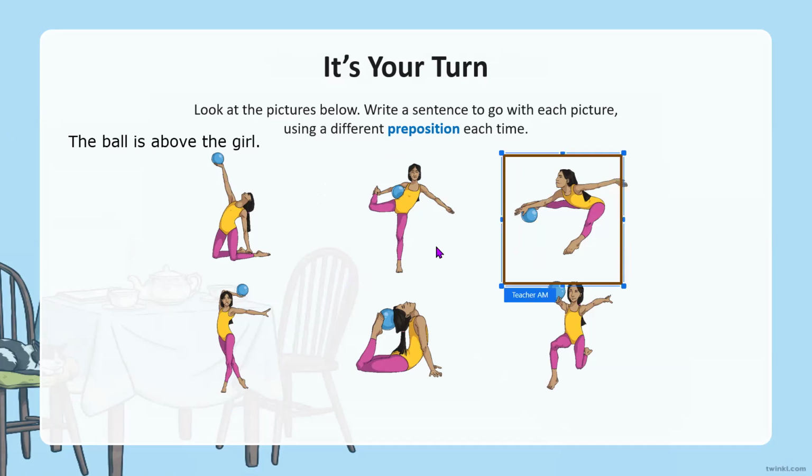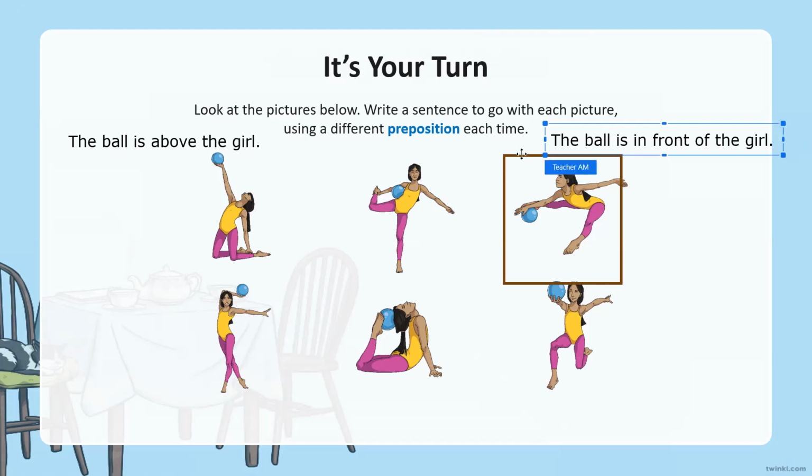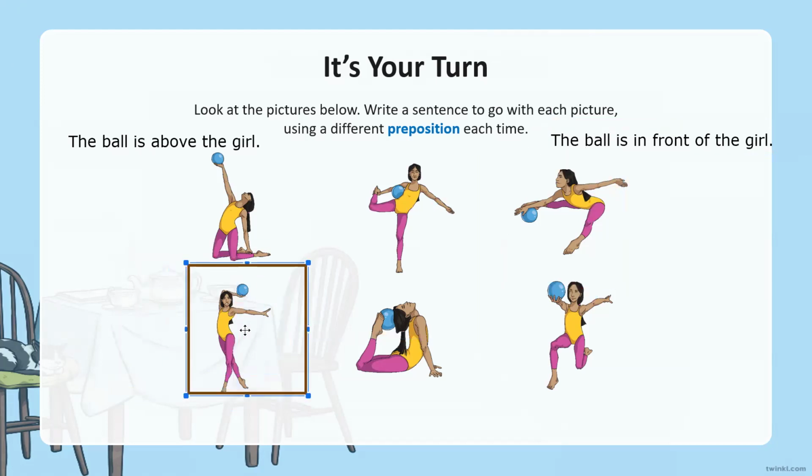Where is the ball? The ball is in front of the girl. Very good. Now look, where is the ball now?